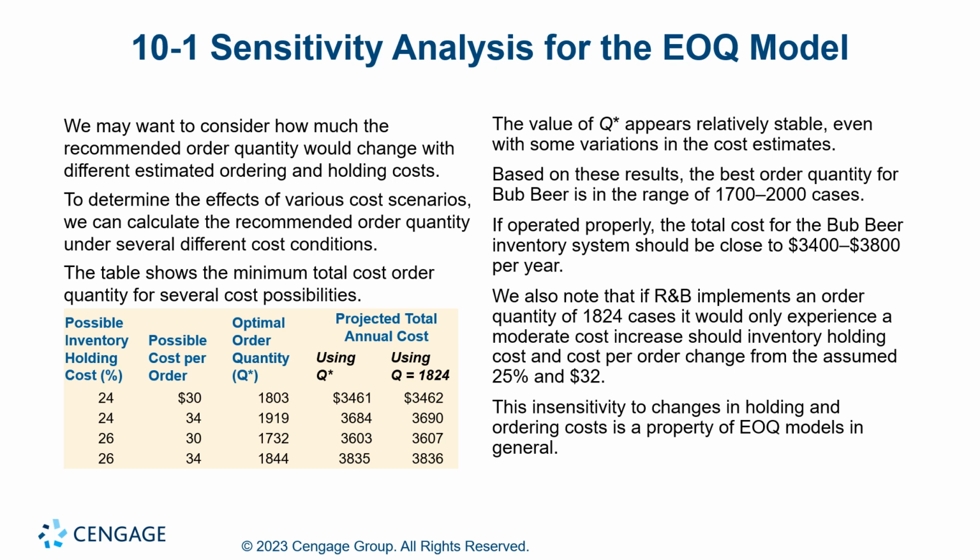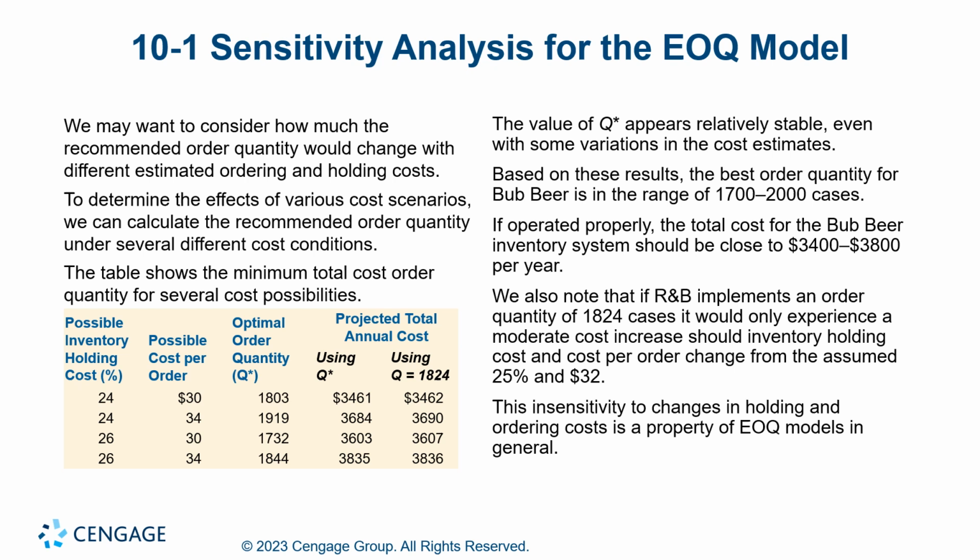Based on these results, the best order quantity for bulk beer would be in the range of 1,700 to 2,000 cases. And if operated properly, the total cost for the bulk beer inventories should be close to 3,400 to 3,800 per year.